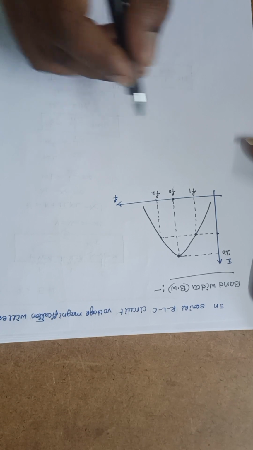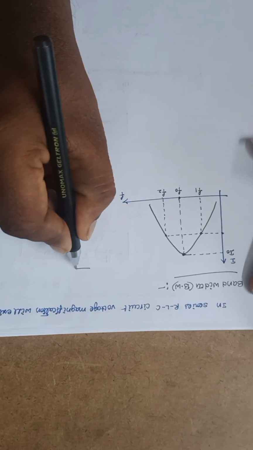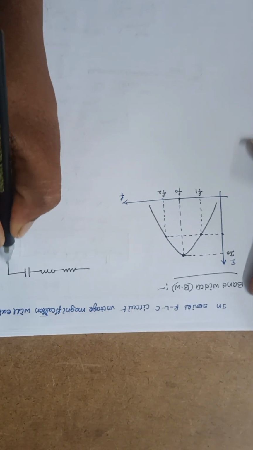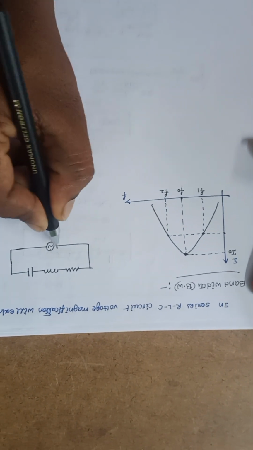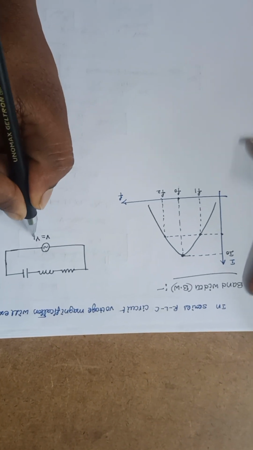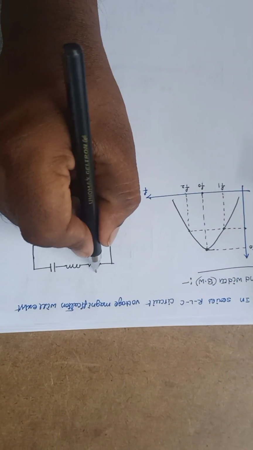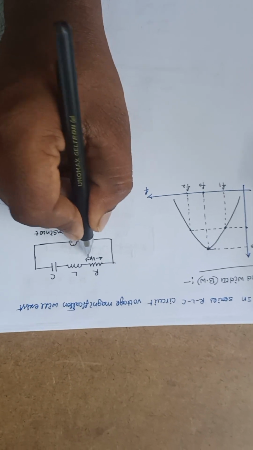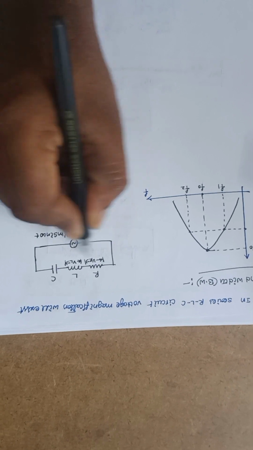Let me explain here. Let me draw this RLC circuit here also. RLC. V is equal to Vm sin omega t. RLC is VR, VL, VC.